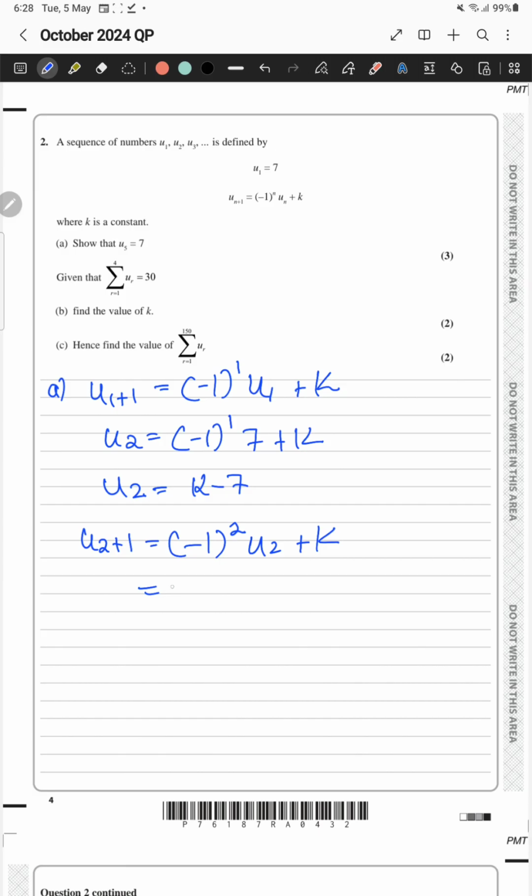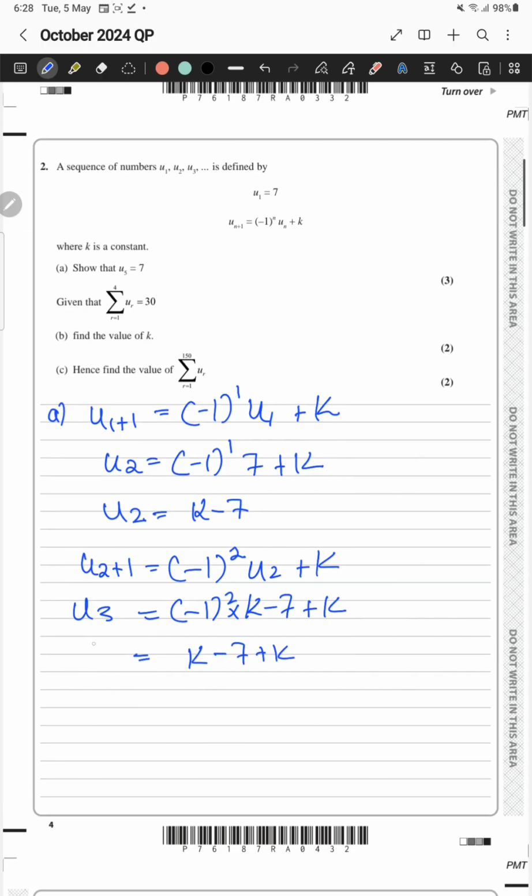Now what we can do is minus 1 to the power of 2, and u2 we have found is k minus 7, plus k, which is 2k minus 7. Since minus 1 squared is positive, this whole bracket is going to be positive as it is, since it's 1. So this is going to be 2k minus 7, which is u3.